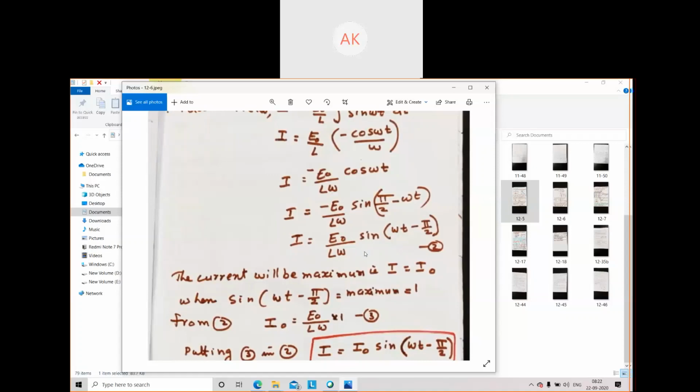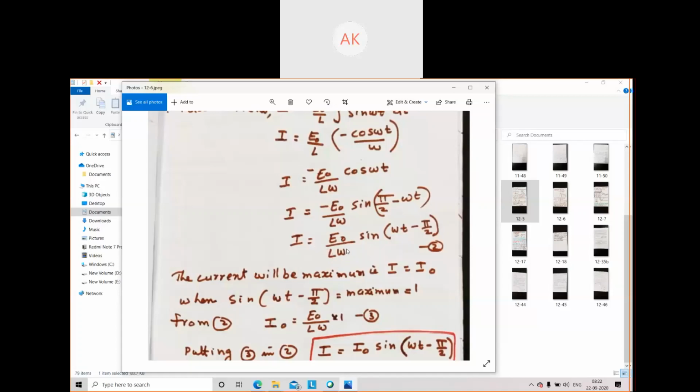According to Ohm's law, I equal to E by R. So this factor is actually the resistance, or we cannot use the word resistance because resistance is only for resistor. So this factor is known as reactance, inductive reactance. Actually, it is the opposition offered by inductor to AC current.